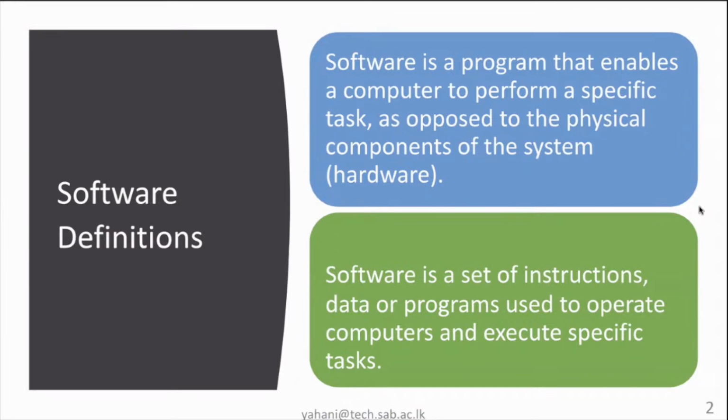So we have to give some instructions to software, then it processes the data and computes information. So the basic definition is that software is an execution program for a specific task. Every software is built for a specific task.